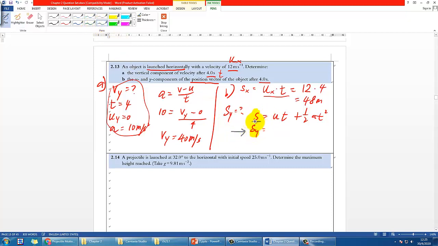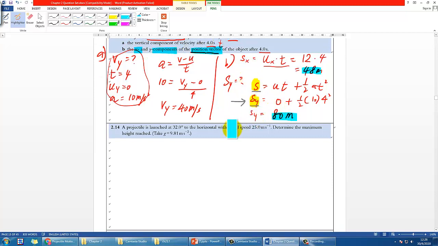So S in the original is more like a general idea, and here is a certain specific value which is represented by Sy, and U here should be Uy, which is actually 0, so I'll just put 0 here, and then A is actually 10, and then T is 4 squared. So Sy, by calculating, you can find that is 80 meters. Okay, so that is simply the answer for the x and y components of the position vector.